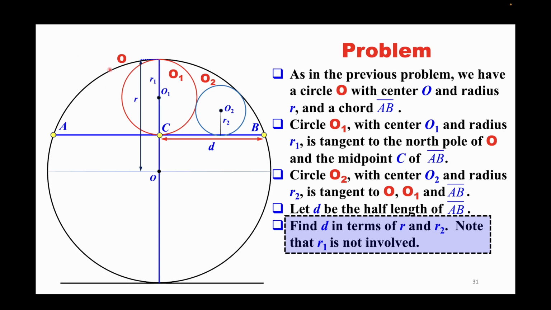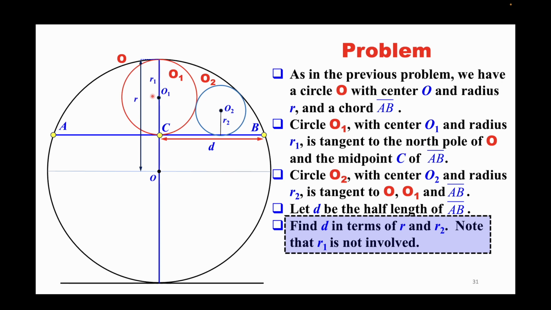But this time, we're not going to find the radius R. Instead, what we're going to do is find D, half of the length of the chord, in terms of R and R2. Here, R1 is not used.